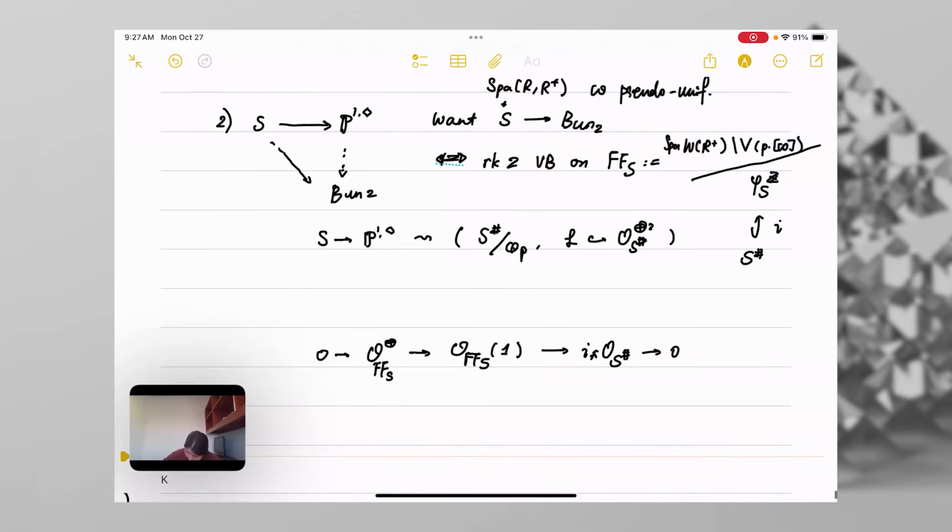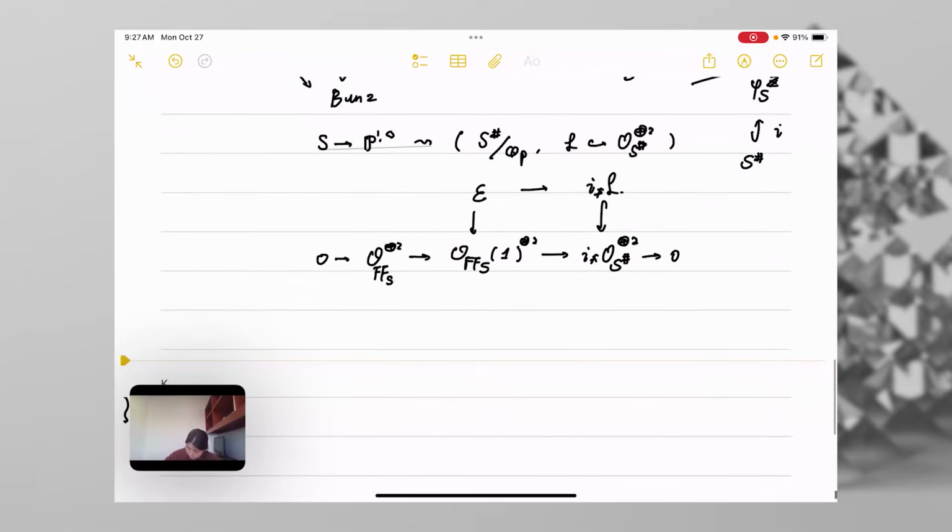And then we can do 2 copies of everything, and now use this sub line bundle to pull back the sequence. And then the middle term will give us a new vector bundle of rank 2, and this is the desired map from S to Bun_2.